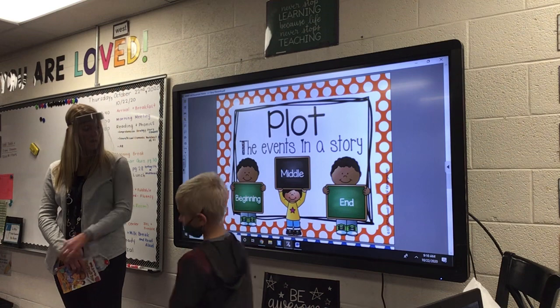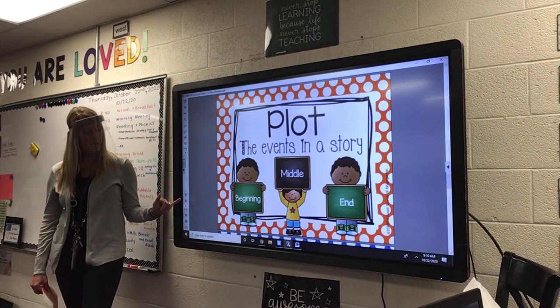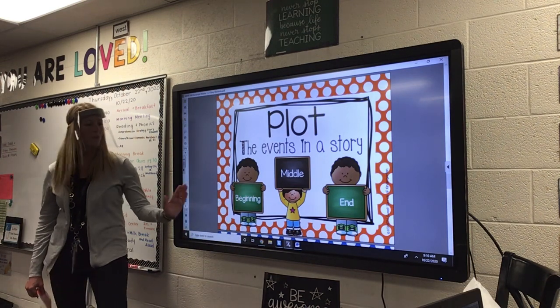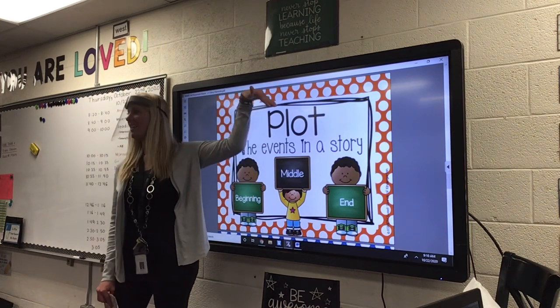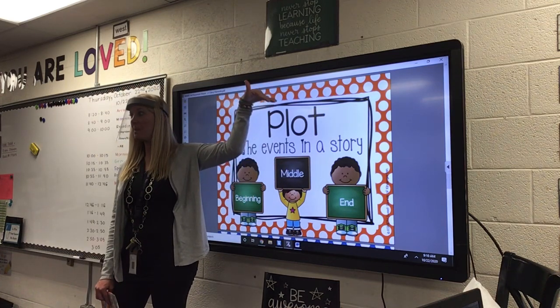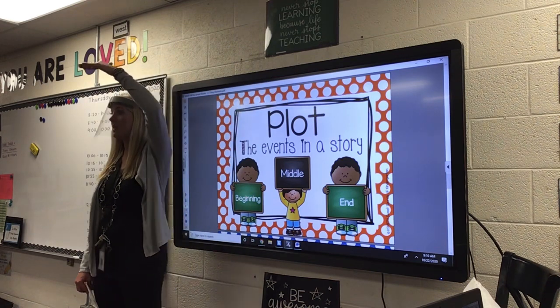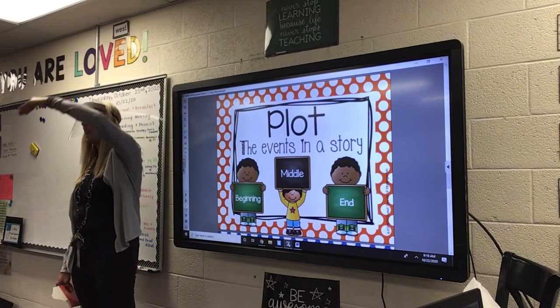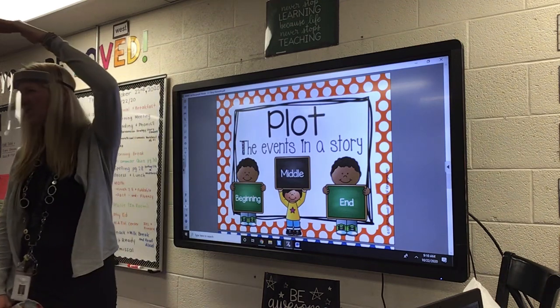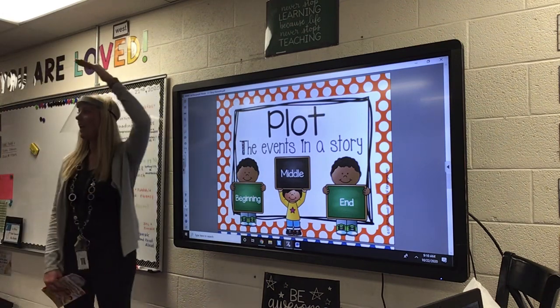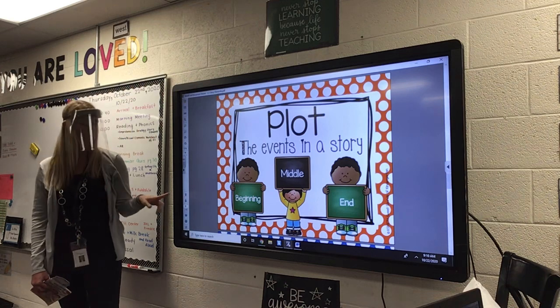Okay, so there's a beginning, a middle, and an end. Usually when I think about it, the middle is the very top where the problem is, and then it starts to come down where it's called the climax. You'll learn that when you get into middle school, the climax of the story, and then it starts to come down.